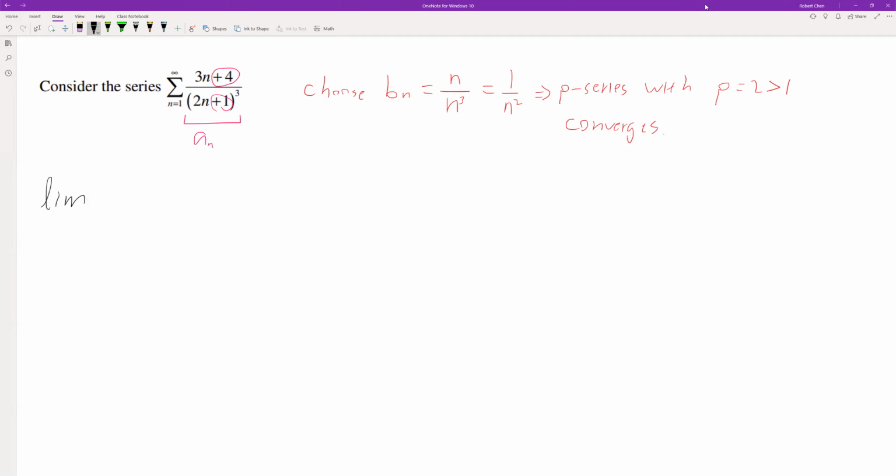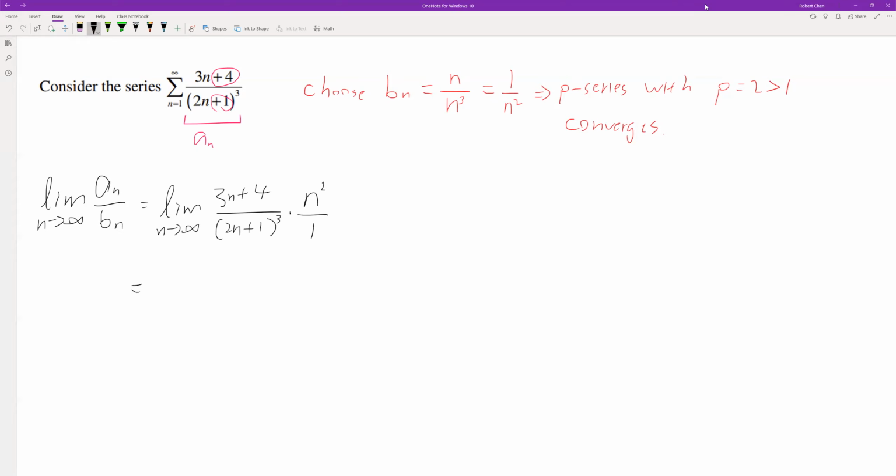Limit as n approaches infinity of a_n over b_n. That's (3n plus 4) over (2n plus 1) to the third power, that's a_n, divided by b_n, which is just 1 over n squared.